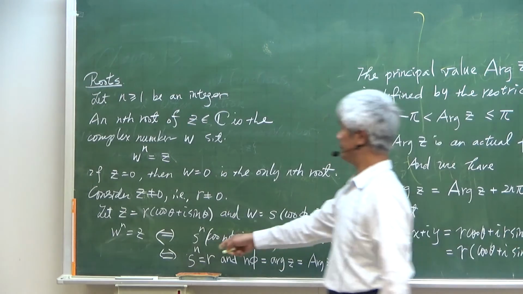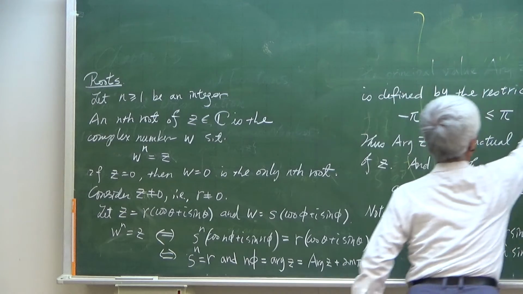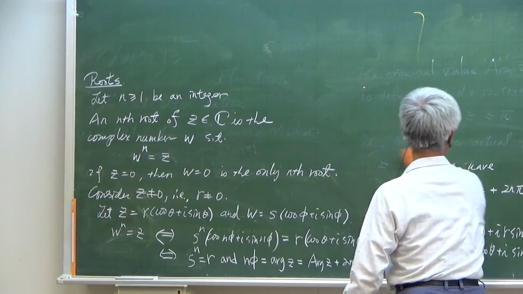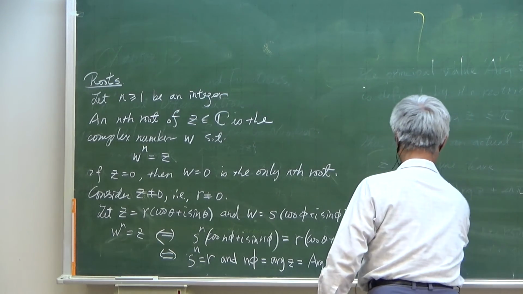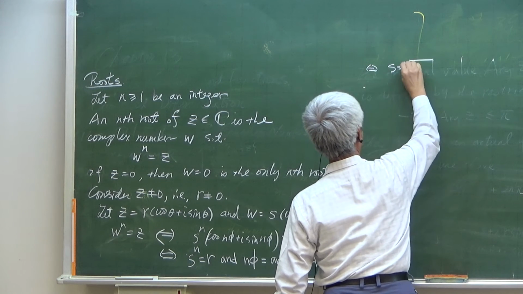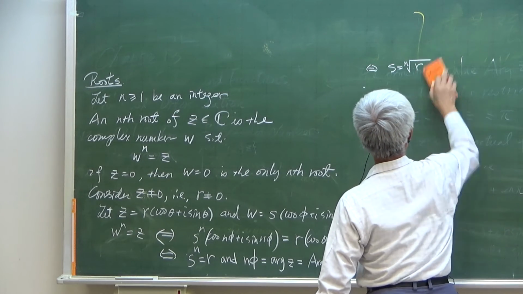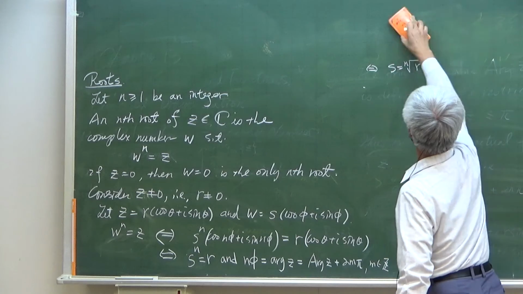So we have an if and only if condition. And so that means that s should be the nth root of r.